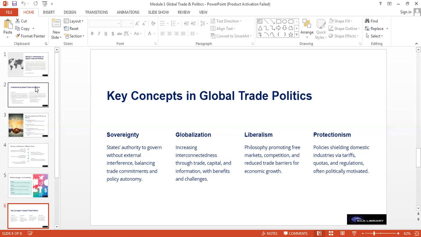Liberalism is the philosophy promoting free markets, competition, and reduced trade barriers for economic growth. And lastly, protectionism deals with policies shielding domestic industries via tariffs, quotas, and regulations, which are often politically motivated.